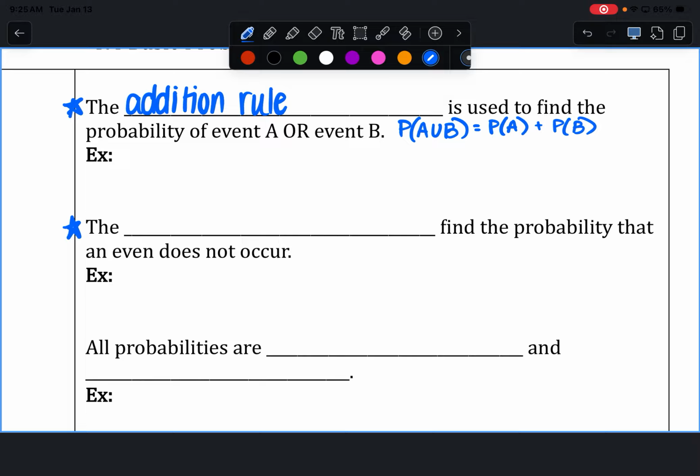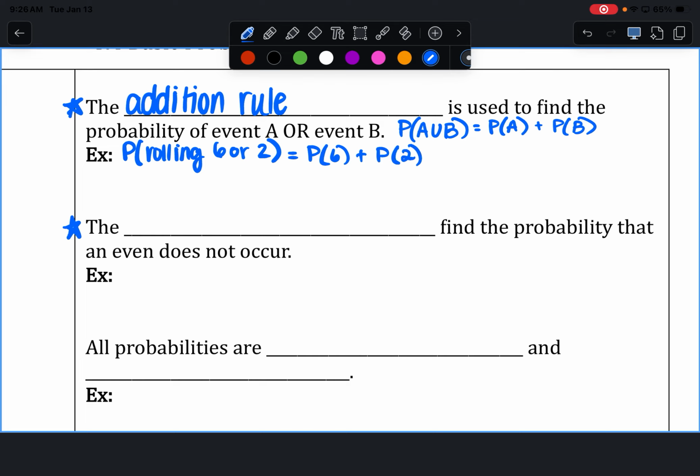So if we are looking at the probability of rolling a 6 or a 2, we can't roll a 7. Okay? It is equal to the probability of rolling a 6 plus the probability of rolling a 2.